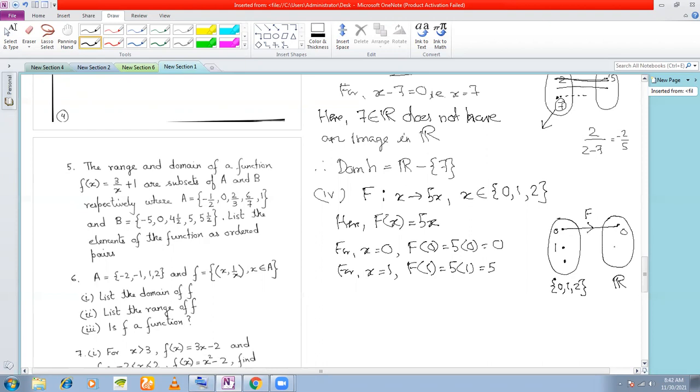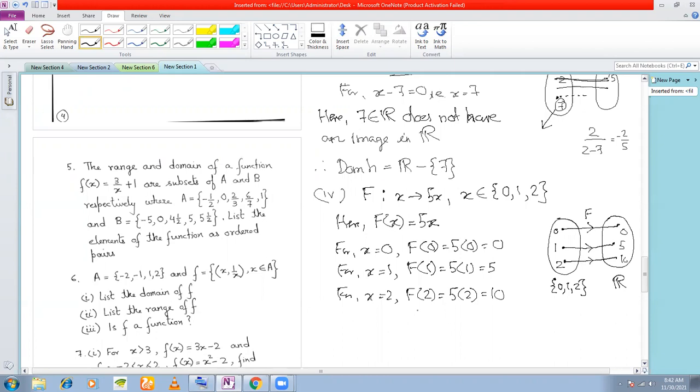So 1 is being mapped to element 5. And for x is equal to 2, f(2) is equal to 5 into 2, which is 10. So this 2 is being mapped here to this, right?